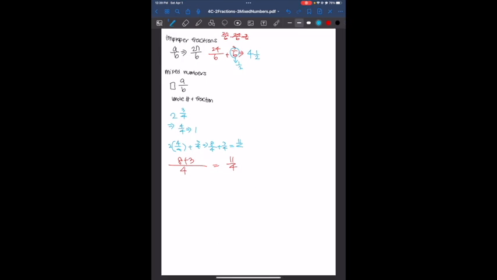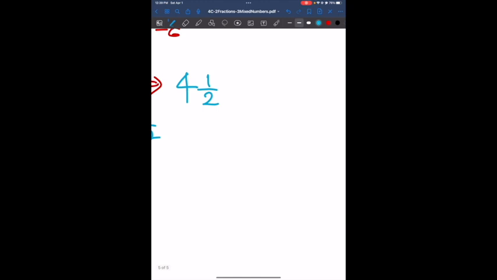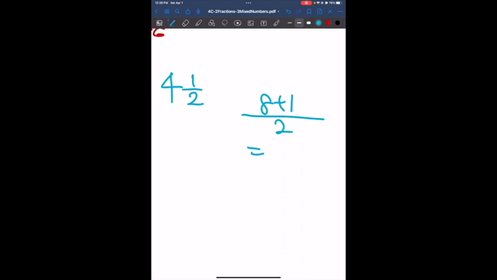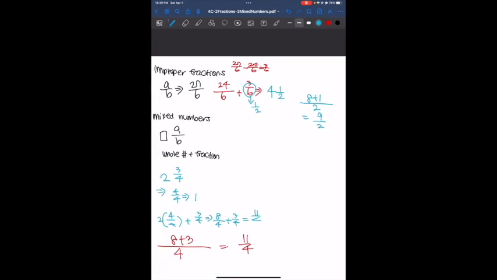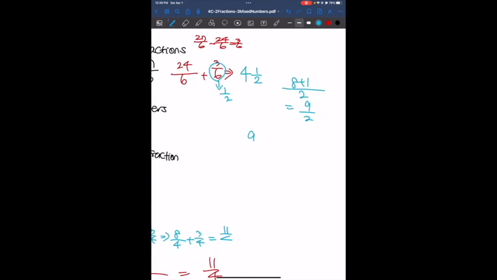And so, yeah, if we try the trick to convert a mixed number into an improper fraction, leave the denominator, multiply, and add, it's going to be 9 over 2. And so some of you guys might wonder, oh, 9 over 2 is not 27 over 6, but that is due to simplification.